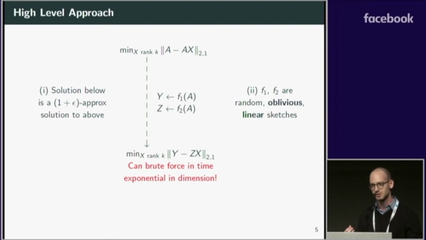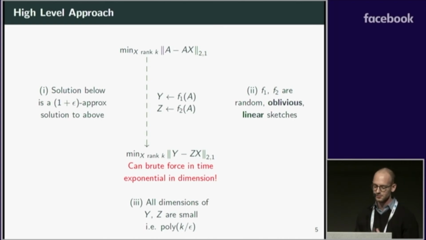We apply this matrix to that data point and add it to what we've seen before. Finally, if the dimensions of y and z are small, so polynomial in k over epsilon, then we indeed get this time that's exponential in poly k over epsilon.